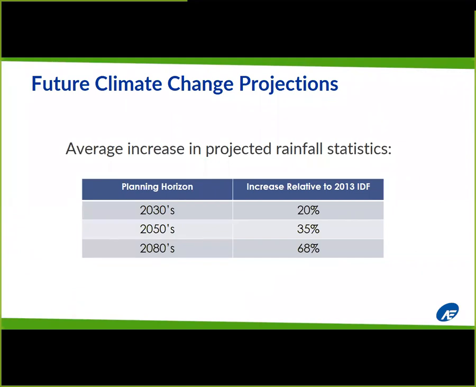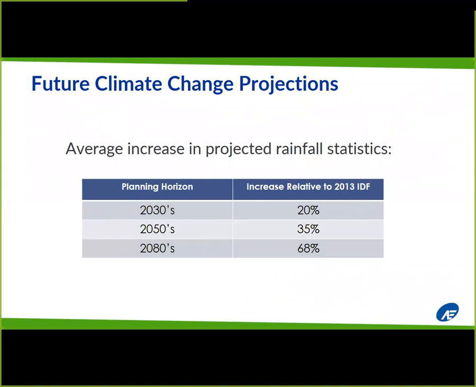So the results that they settled on in terms of their future design analysis are shown here on the screen. So they looked at 3 different timelines so that we could get an idea of how the risk of flooding relative to climate change affects the study area as a function of time.